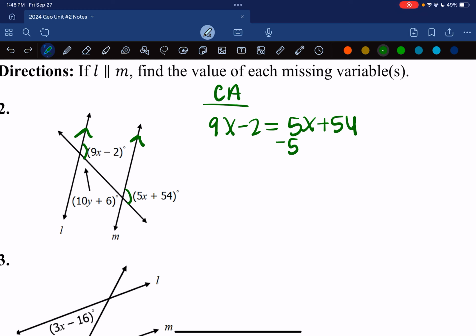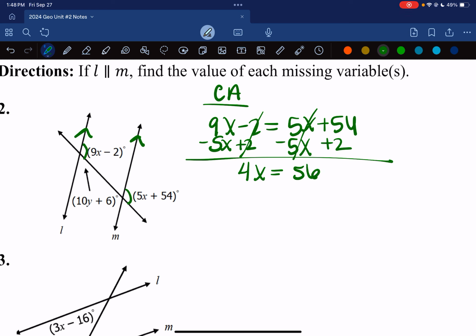So just to save a little bit of time, I'm going to do 2 steps at once. So I'm going to add the 2 and subtract the 5x. So we get 4x equals 56. Divide by 4. We have x is 14.